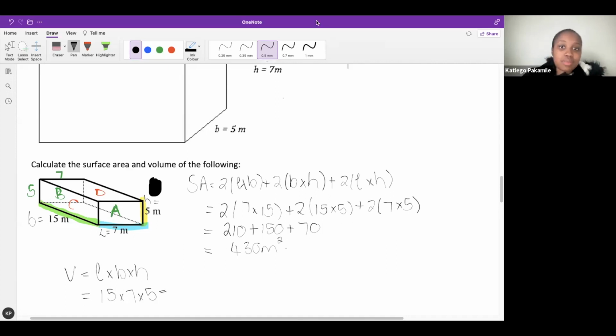How much is 15 times 7 times 5? 525, and we all remembered our unit. 525 meters. Remember, it's meters what? I see Timothy had it there. Cubed, because we're multiplying 3 dimensions.